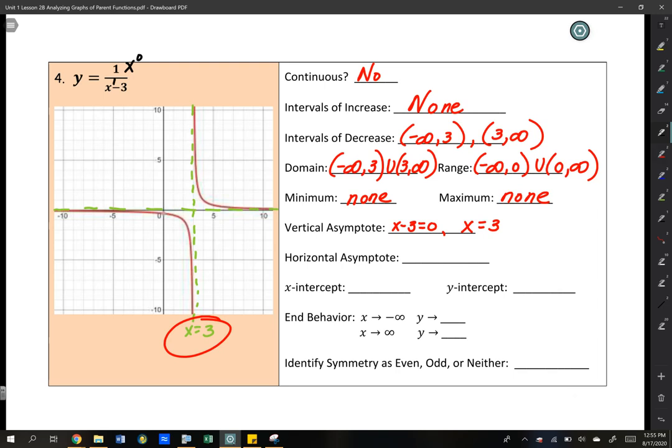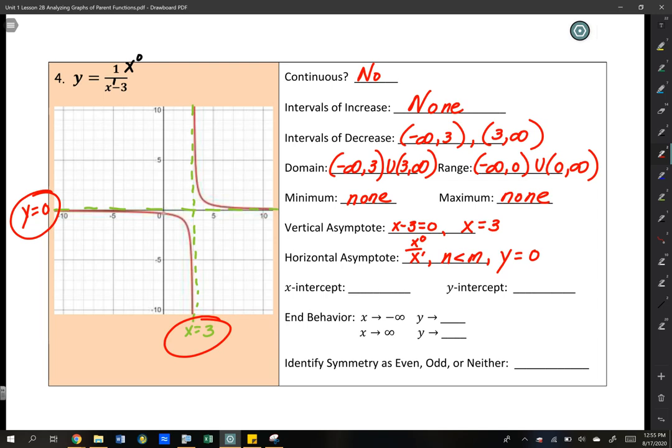So we essentially have x to the 0 over x to the first, right? So that's n is less than m. And in that case, we know we have a horizontal asymptote at y equals 0, which we have already observed.